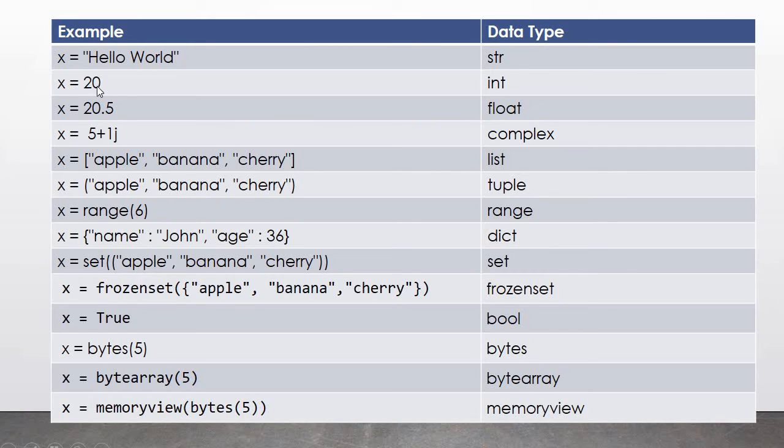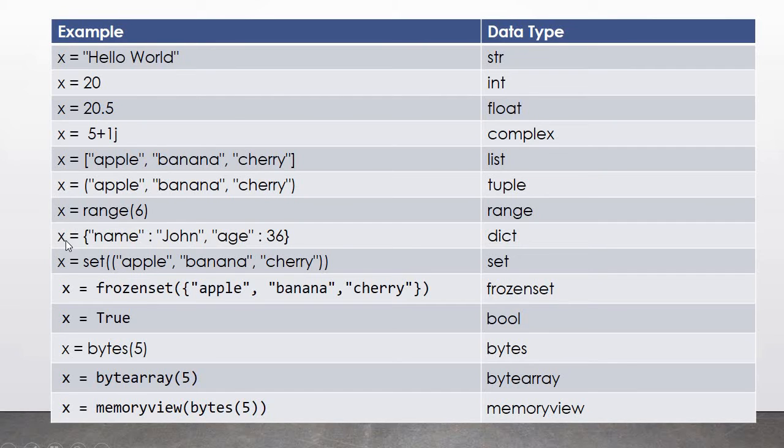Next one is x is equal to 20, which is an integer type. x is equal to 20.5, which is a float type. x is equal to, in square brackets, apple, banana, cherry, which is a list used to represent a list of items. We know that list and tuple are sequence types; for looping statements we can use range.